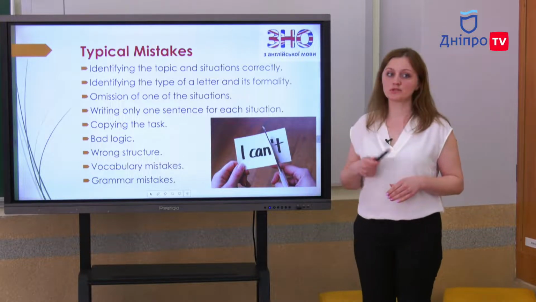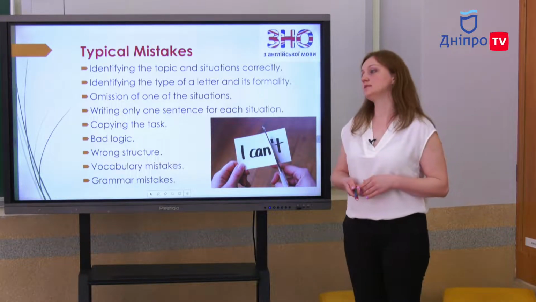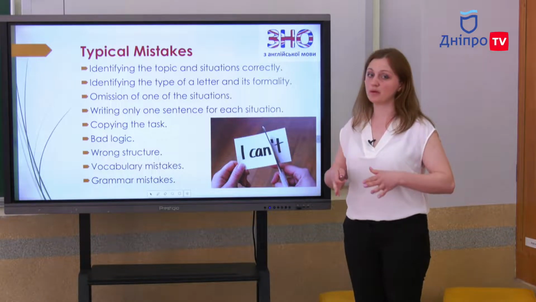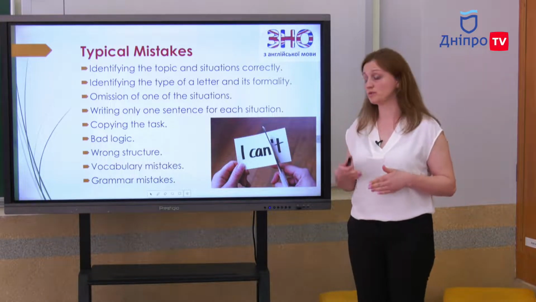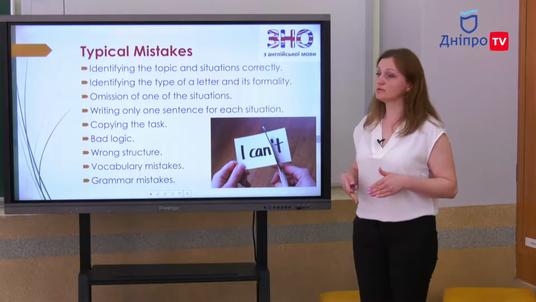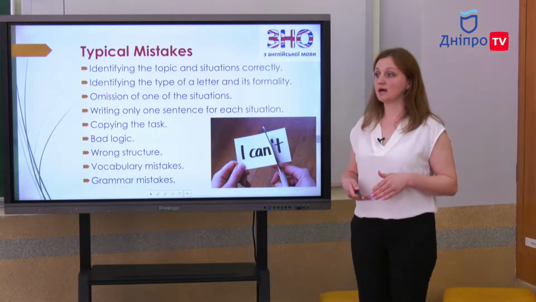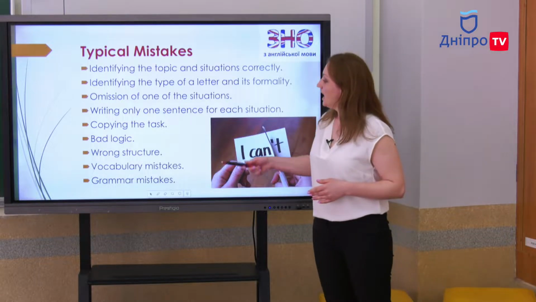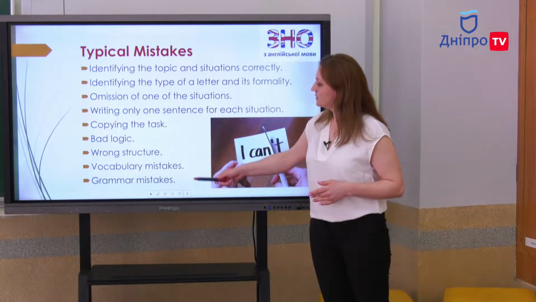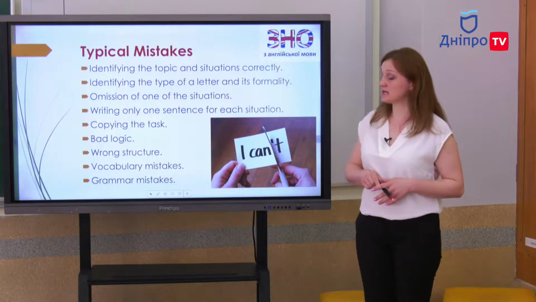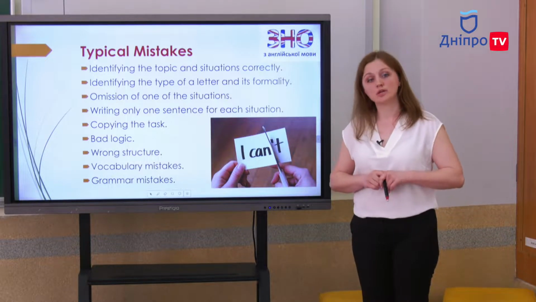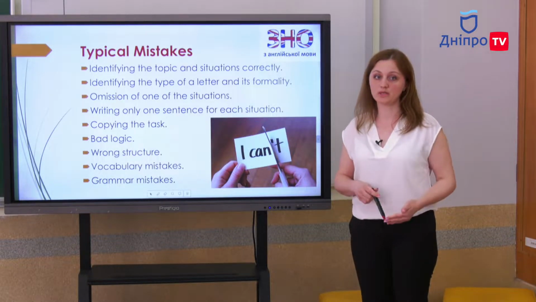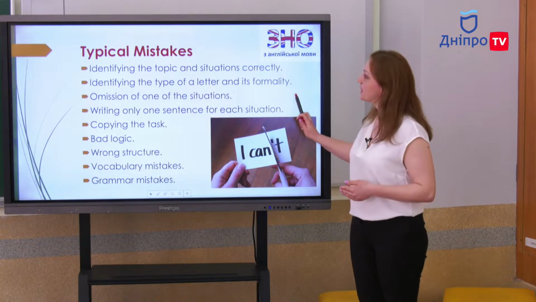Please pay attention to the structures of the letters and try to remember the correct structure of the letter which you need to write, and don't lose any parts, the greeting, the name, closing remarks. And the last two are vocabulary and grammar mistakes. Be attentive and check your letter several times before copying it to the answer sheet.